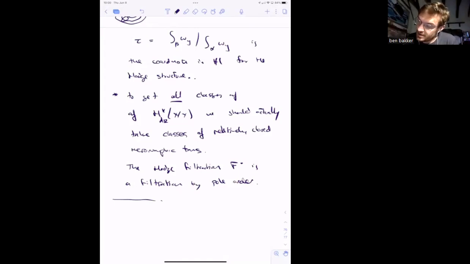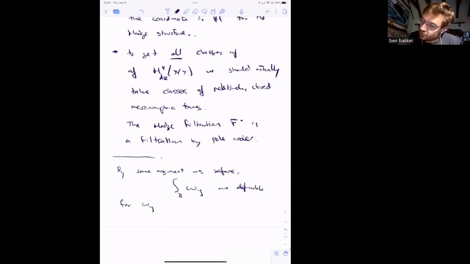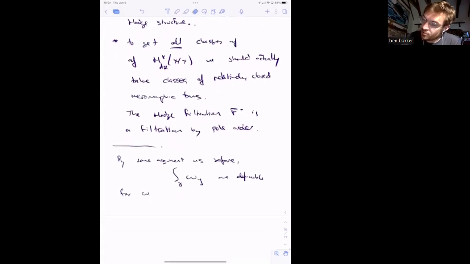So by the same argument as before, these functions are definable for omega on Y, for omega now relatively closed meromorphic.